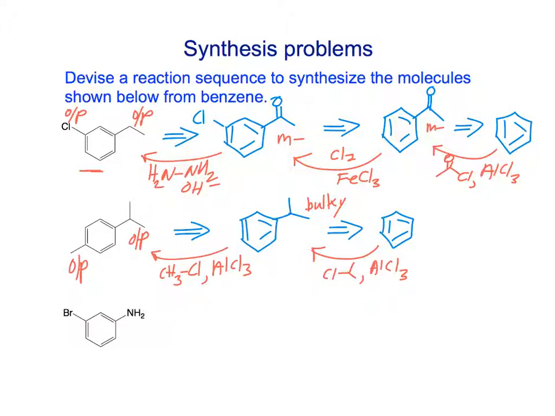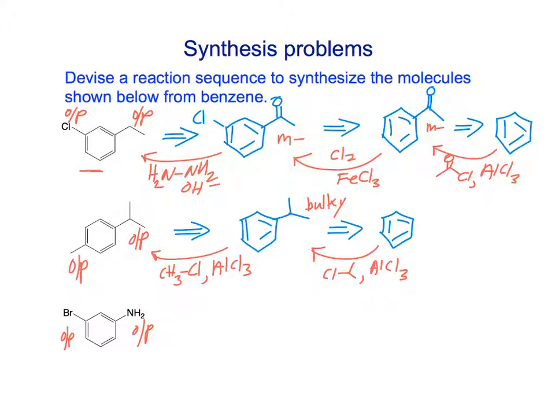Okay, what about the bottom one? Okay, bromine is ortho-para, and the amine also ortho-para, right? So we're kind of in a situation like we were on the first example.